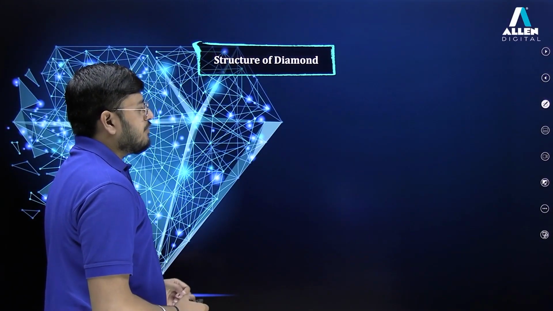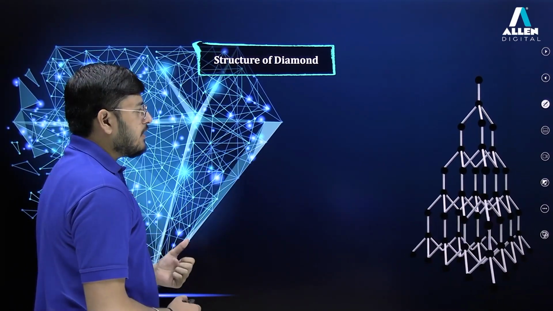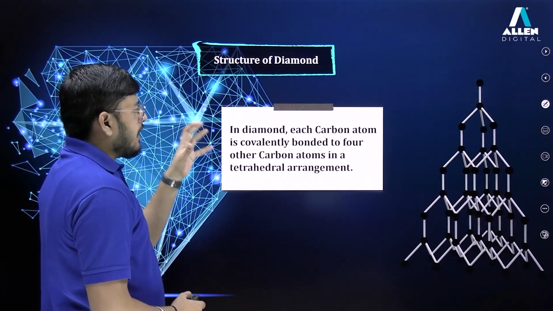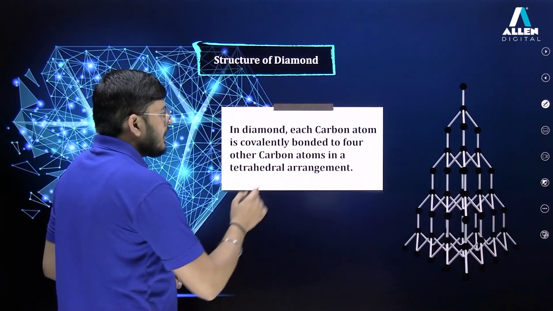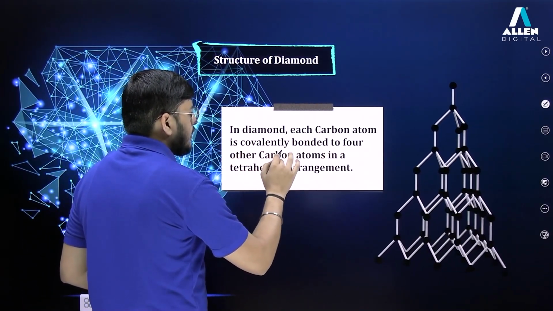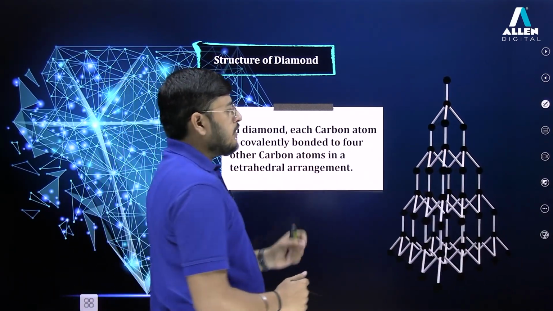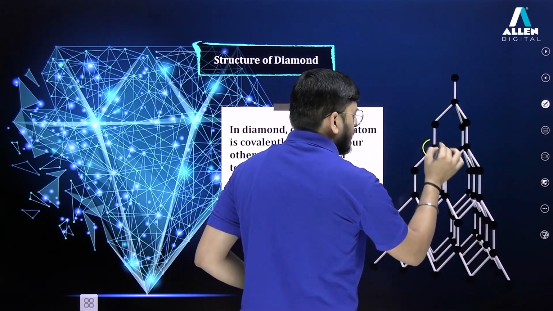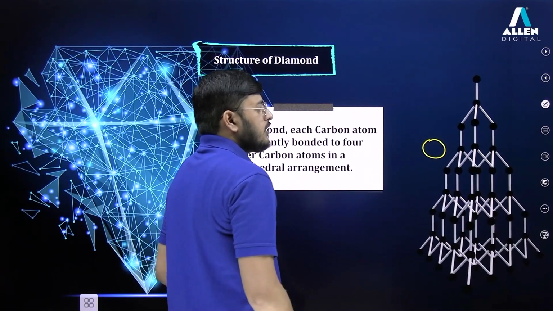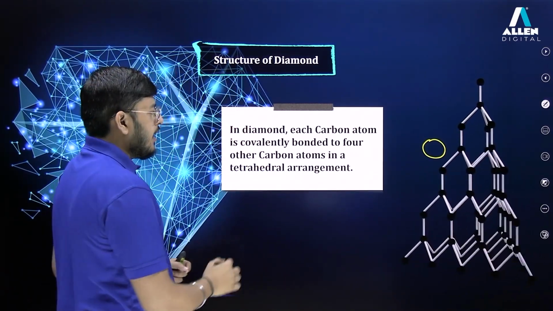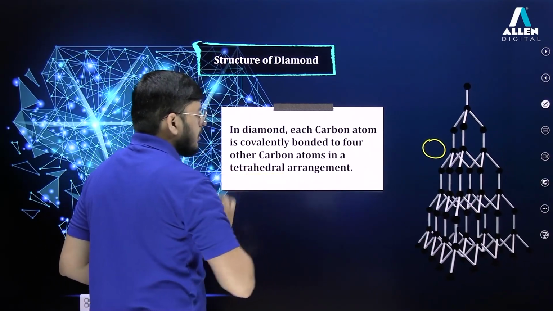So let's talk about the first one, that is the diamond. As you all know very well, diamond is basically an allotrope of carbon. In diamond, each carbon atom is covalently bonded to 4 other carbon atoms. 1 carbon atom, as I take the example of this one, is bonded with 4 other carbon atoms, and this carbon atom has a tetrahedral arrangement.